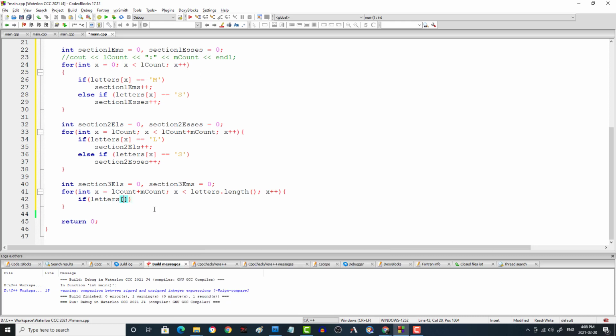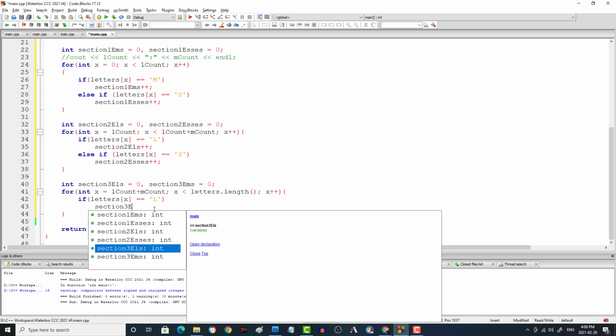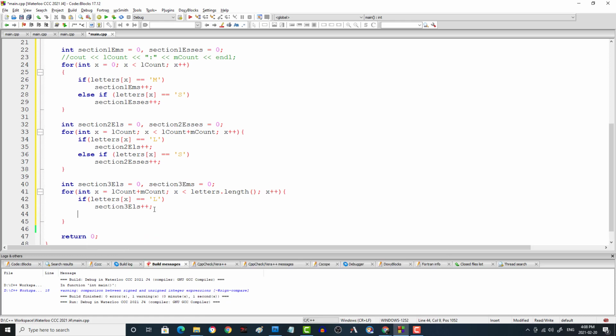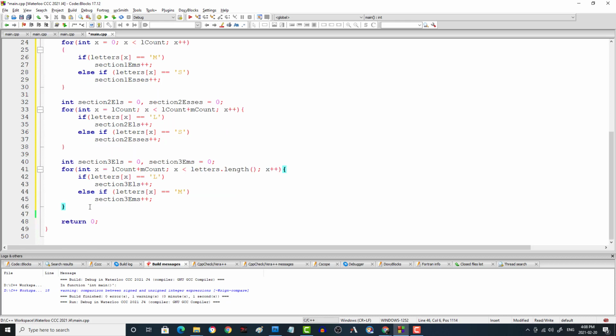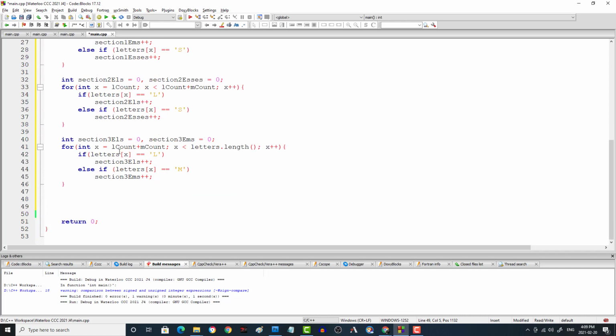If letters at x is equal to L, then our section 3 L's plus plus, and else if letters at x is equal to M, then section 3 M's plus plus. Whew, okay. All this just to count L's, S's, and M's. Okay, now we've got our counts.